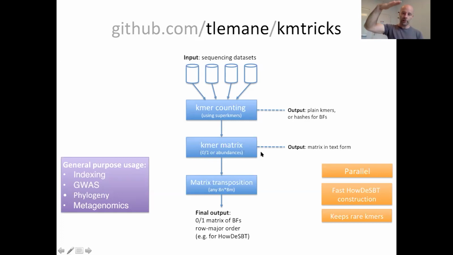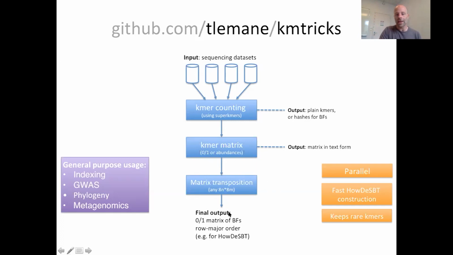This K-mer matrix can also be streamed line by line instead of storing it directly and fully on the disk if you do not have the space. As I said, we propose this matrix transposition step that could be also really interesting as a standalone tool.